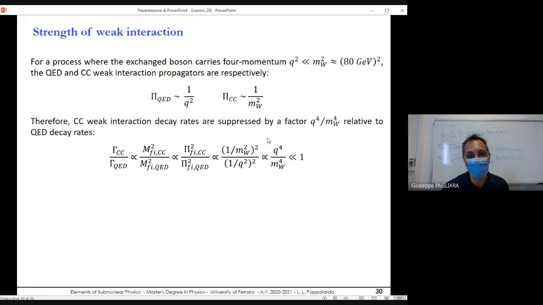So it goes like Q to the 4 divided by M_W to the 4th power. But since we are working in the low energy regime, this number is extremely small. So this tells you why, despite the charged current weak interaction being stronger than QED, at the end the probability for a charged current process is much smaller than a QED process, or is killed by the large mass of the W.